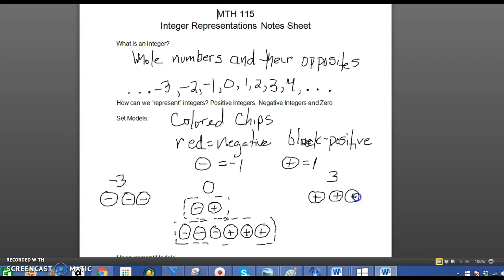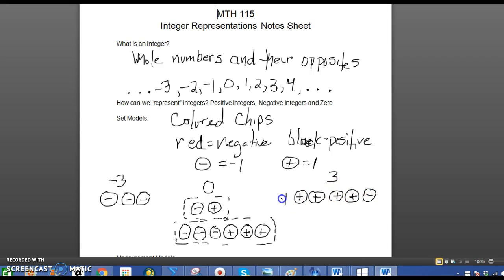But I also could keep changing this representation if I wanted to. So to represent 3, I could also add another positive, but that's 4, but not if I throw a negative on. So this representation right here represents 3. Kind of in a strange way, but it does represent 3.